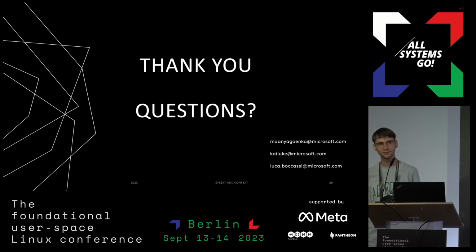Yes, but the answer is no. As mentioned, we have this extension-release and os-release mechanism for the matching, and that is all we do. Now, if we want to add more things, pull requests welcome. For our use cases for cloud vendors where we ship read-only images, this is enough for us. If people have other use cases where they want more advanced matching, we are happy to receive pull requests and review them. It's not a package management system, right? You don't have a way to define that this extension depends on that, and no, that's not what we do.